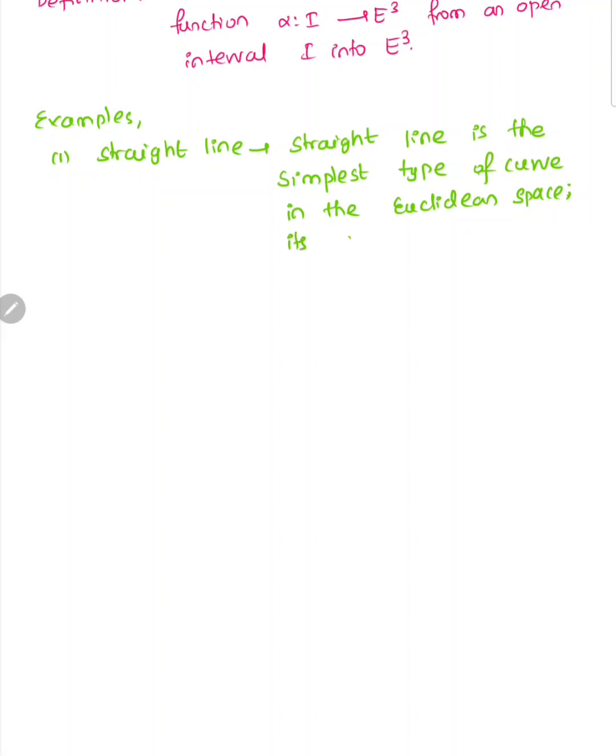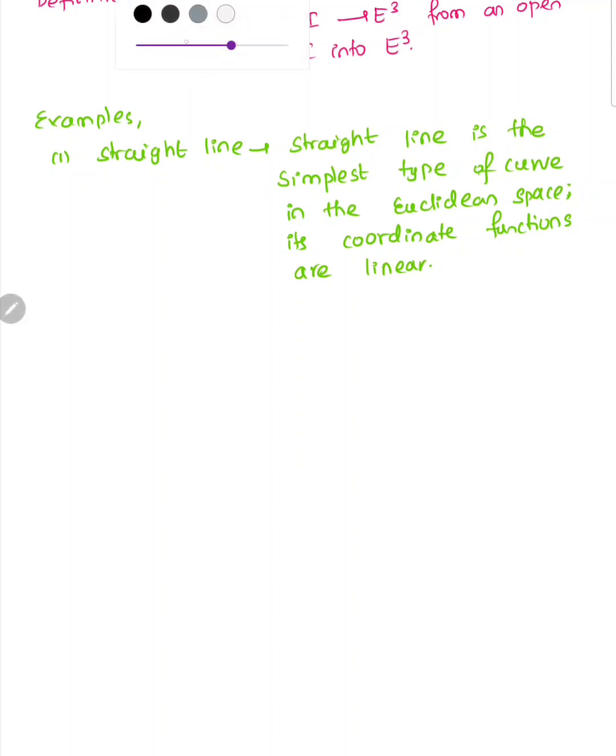Its coordinate functions are linear. Means there is no square term. That is, the variable is not of the type square. So we can write the straight line equation explicitly as a curve alpha from R to E3.